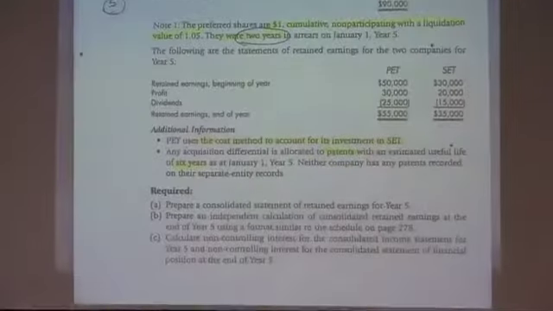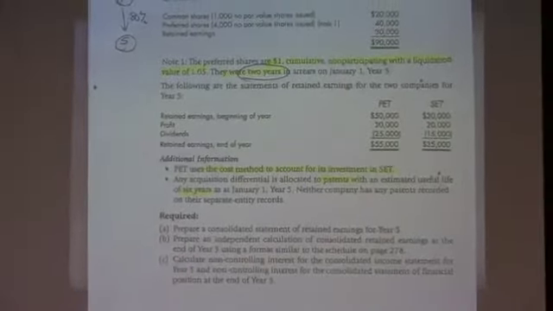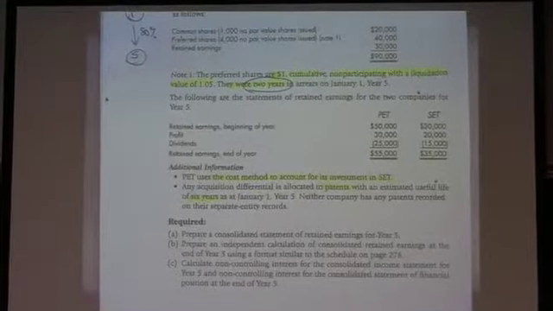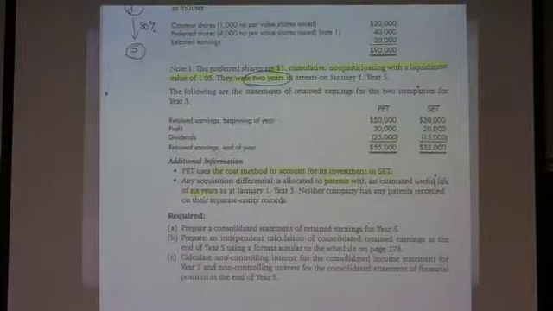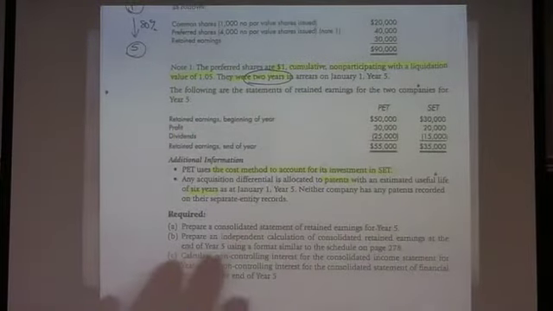And C, calculate the non-controlling interest for the consolidated income statement for year 5 and the non-controlling interest for the balance sheet at the end of year 5. So we're asked to calculate the NCI for both the income statement and balance sheet at the end of year 5. Okay, so we're going to come back to that question again, but let's do the first part.